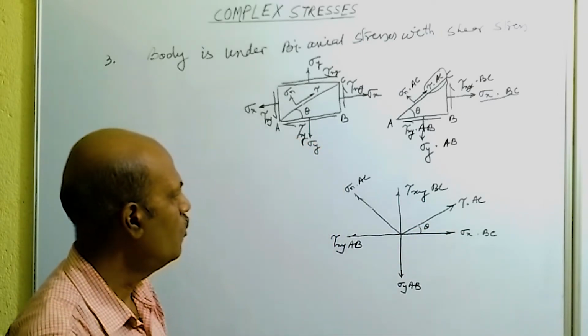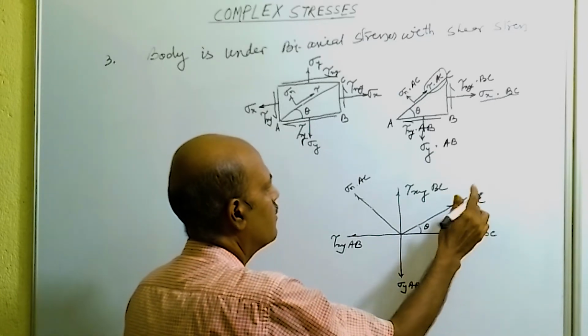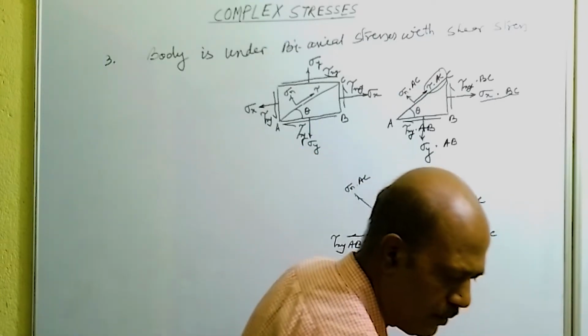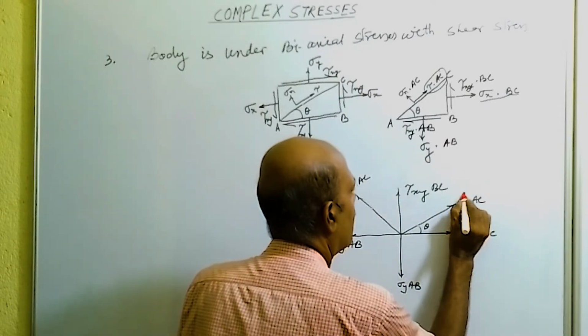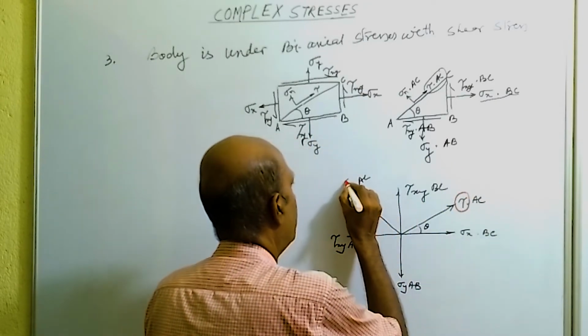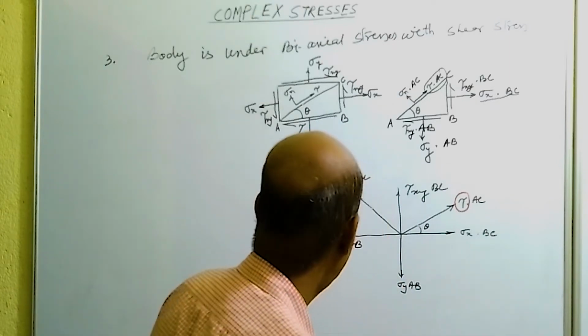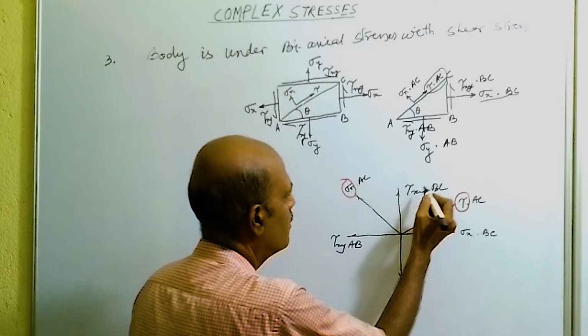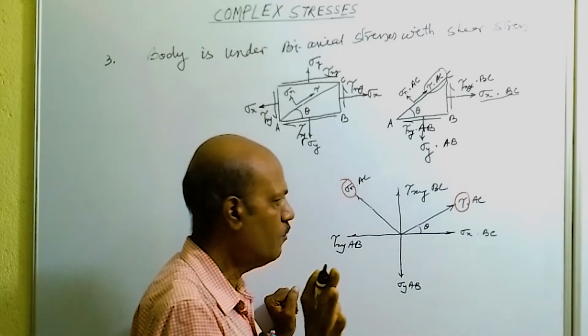Now we have to find tau in AC, that is, we have to determine tau as well as sigma n. So don't disturb these two forces, and the other forces will be resolved into two components.